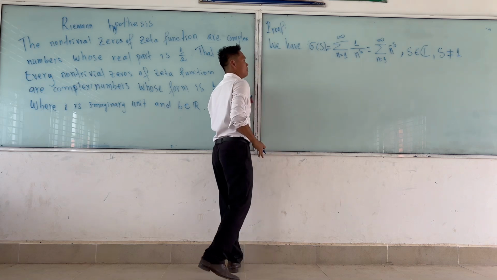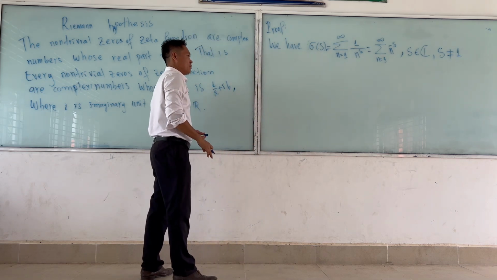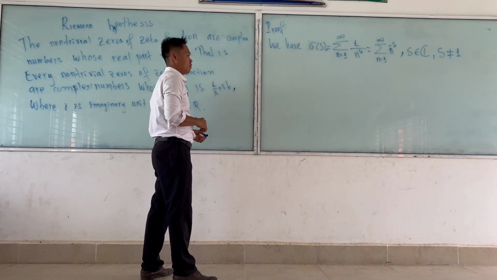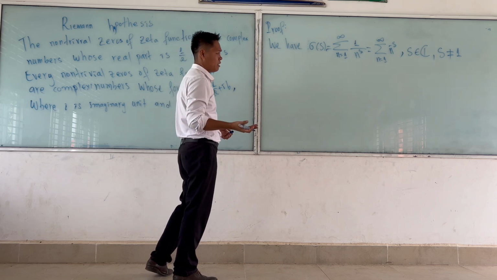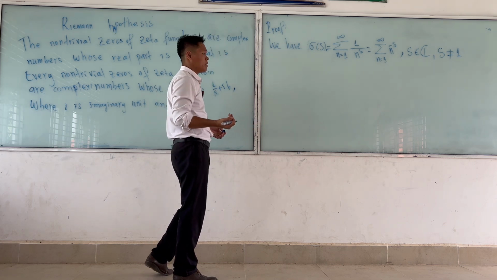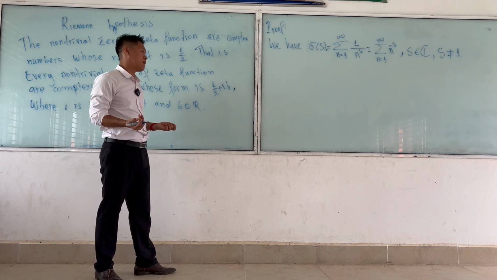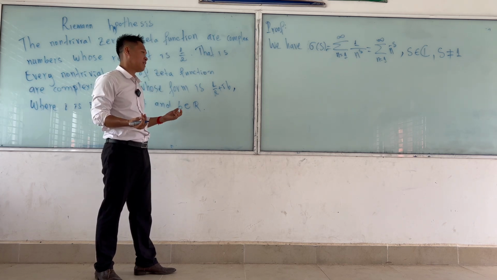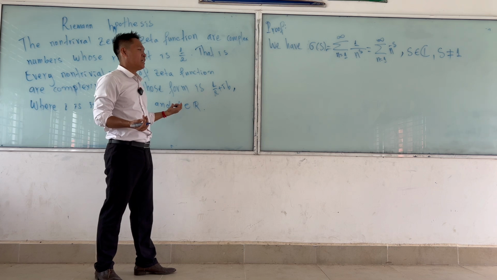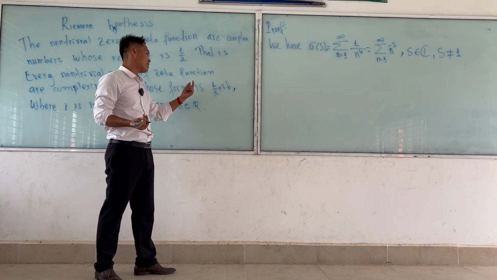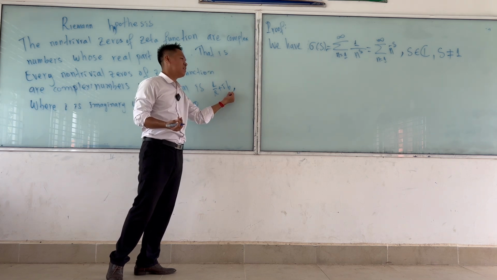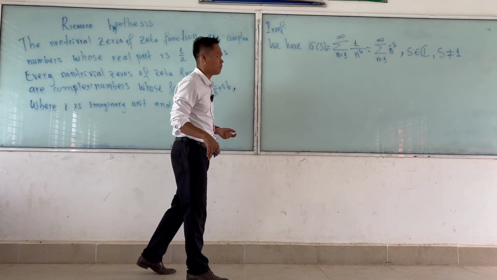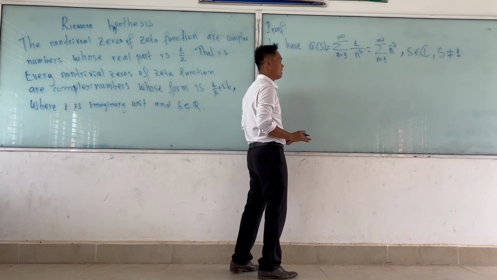So to prove the Riemann hypothesis, I will let s be any complex number, and I will find the real part and imaginary part of s. And at that time, if I find the real part and imaginary part of s, that I let s be the non-trivial 0, I will show that the real part of s is equal to 1 over 2, and b is any real number, that I will show you in a little bit time.